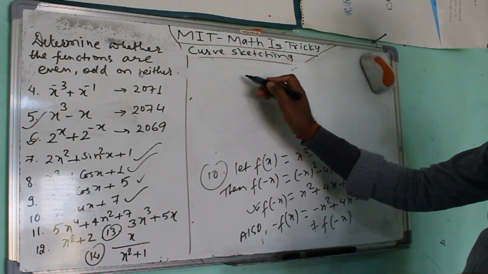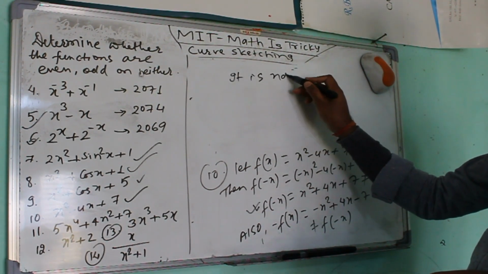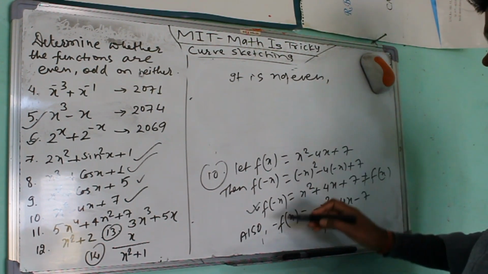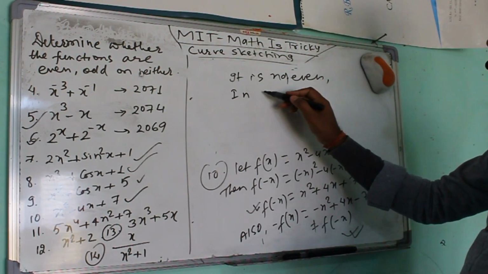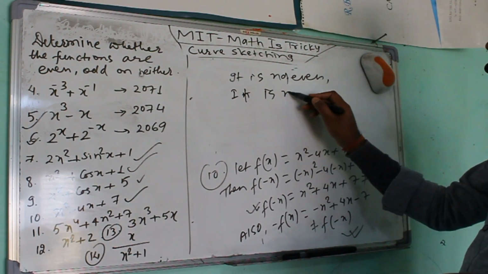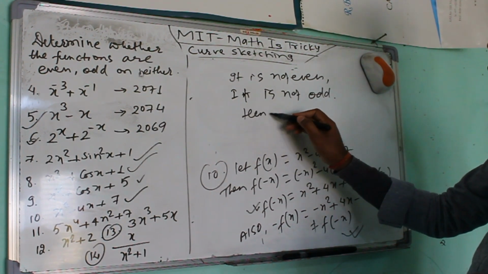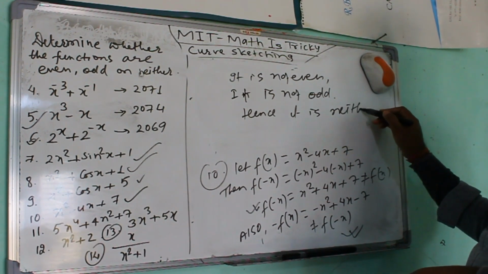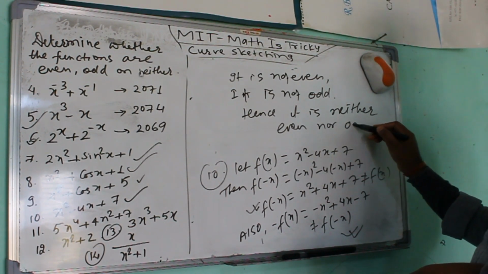From this result we can say it is not even. Also from this result we can say it is not odd, hence it is neither even nor odd.